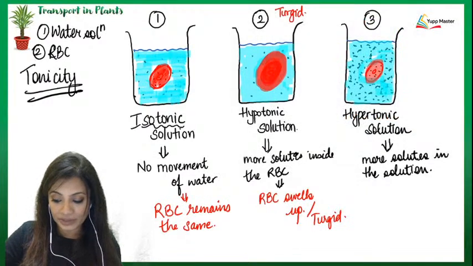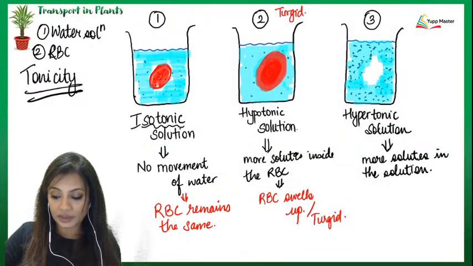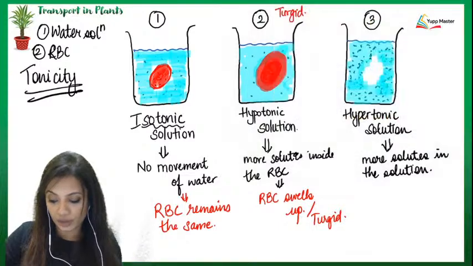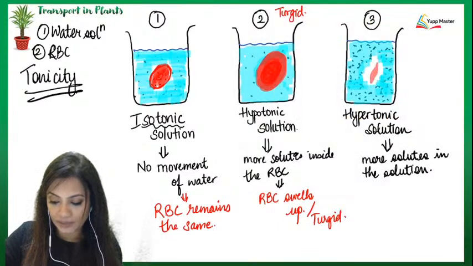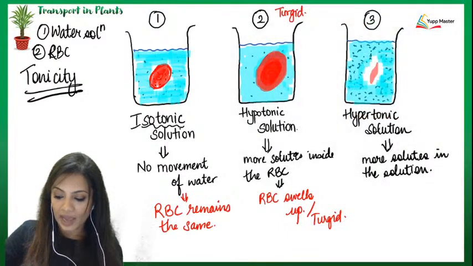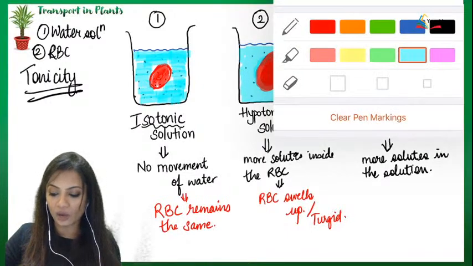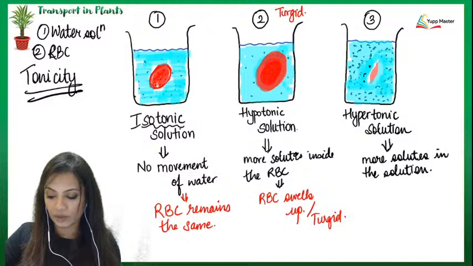The RBC is going to shrivel. It's going to become very small, so the size of the RBC reduces. All the water which was inside the RBC cytoplasm ends up coming back out, because outside there is a lot of salt.